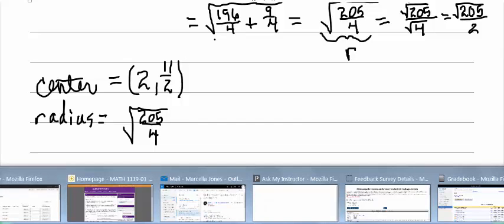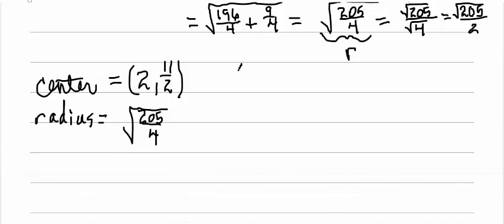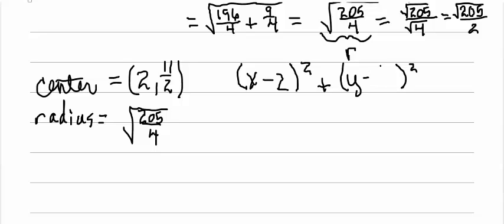So the standard form is the square of x minus the x-coordinate of the center plus the square of y minus the y-coordinate of the center equal to the square of the radius.